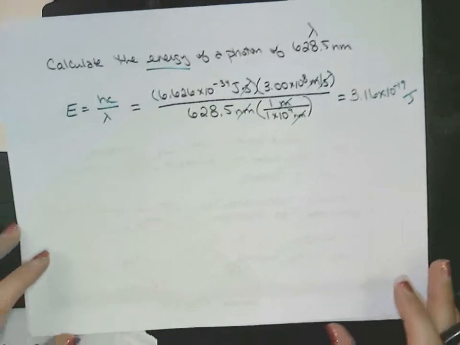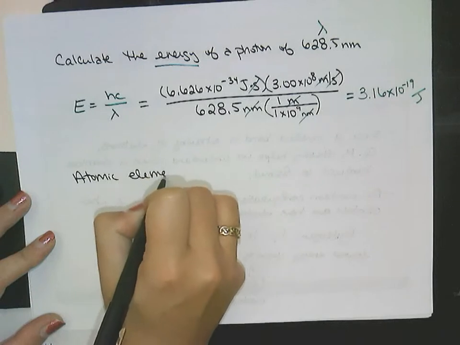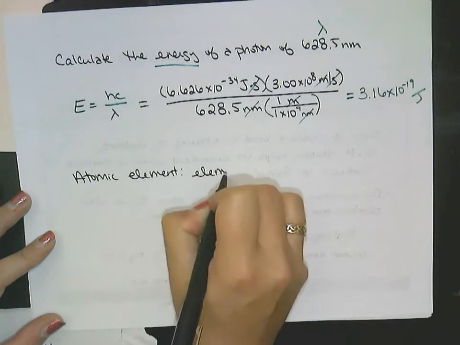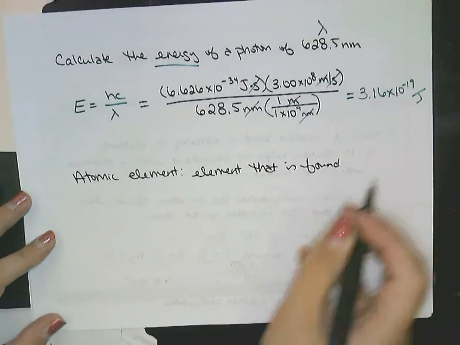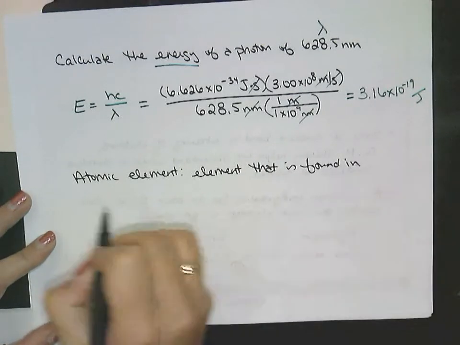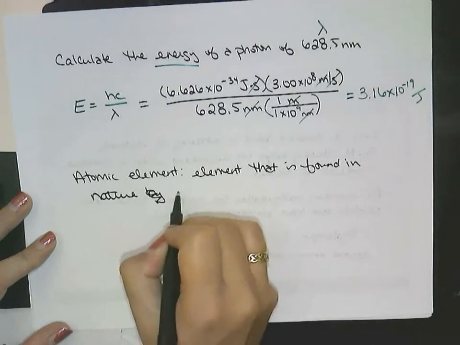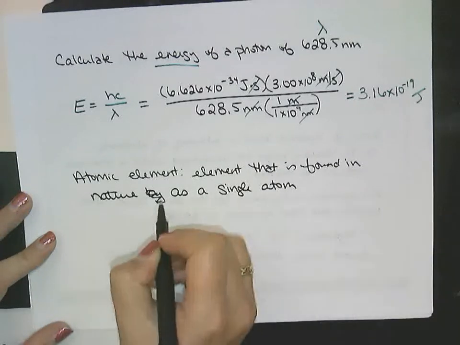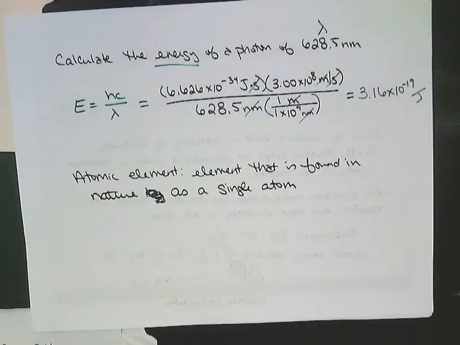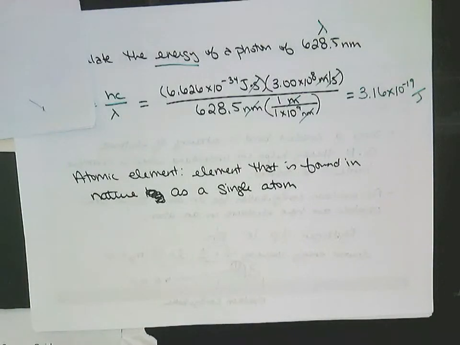But an atomic element is an element that's found in nature as a single atom. So of the things that are listed, as a rule, all the halogens are found in pairs.